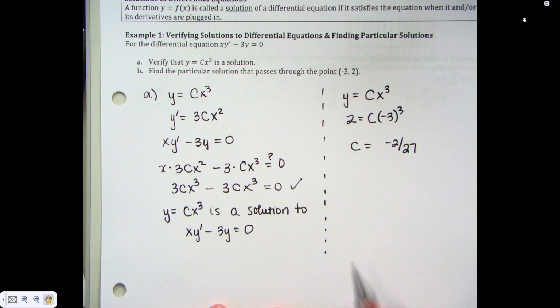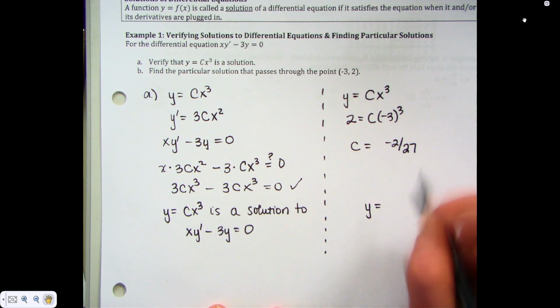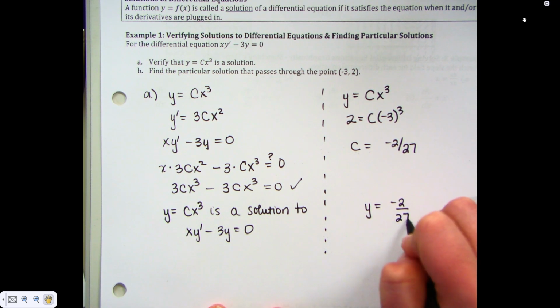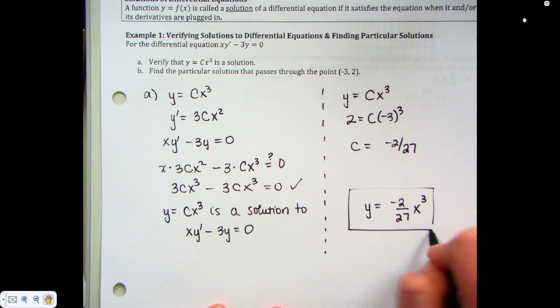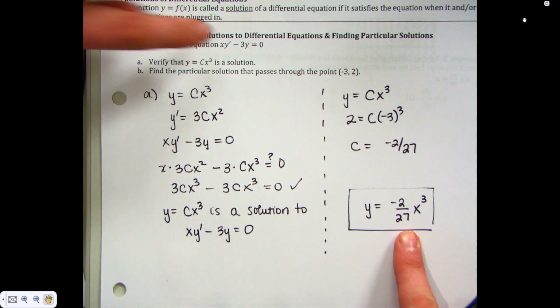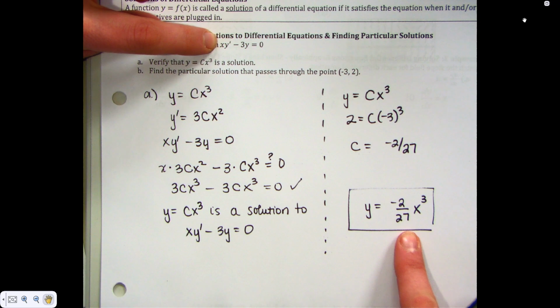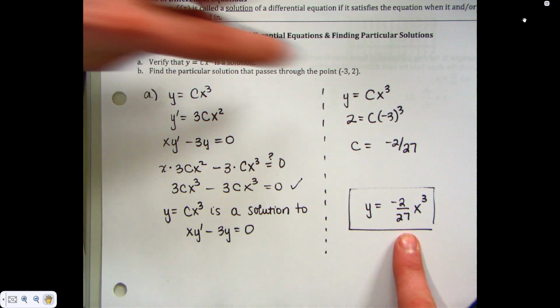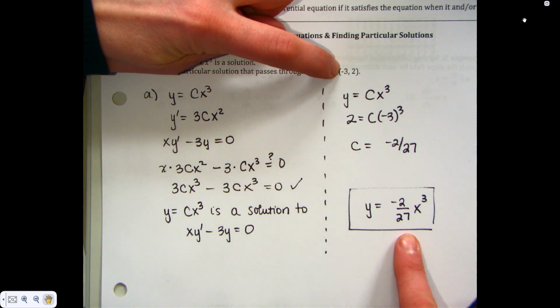So the particular solution would be negative 2 over 27 x cubed. That function would satisfy this differential equation, and that function would also pass through this coordinate.